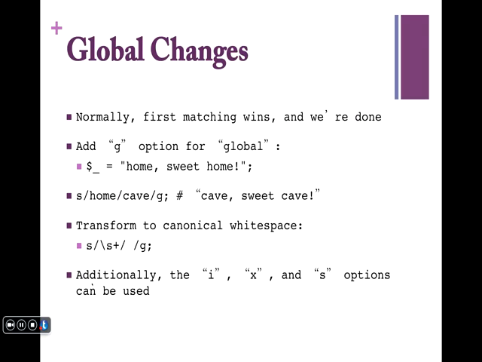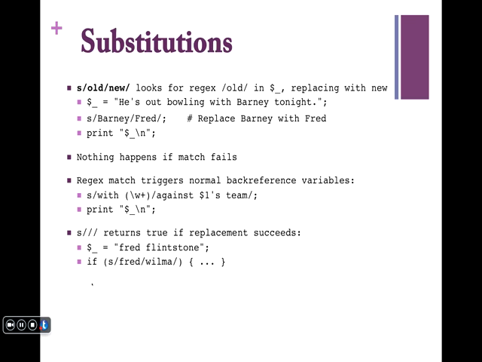Global changes. Global changes are really important because sometimes you don't want to substitute only one word. So in our example here, when we match with Barney, if Barney appears more than once in that string, only the first one will be matched; it will not work on the whole string.